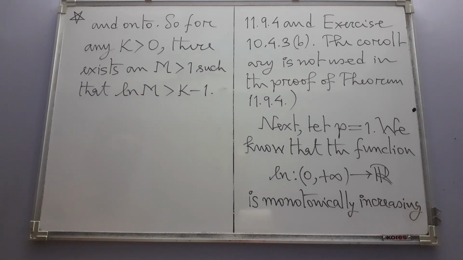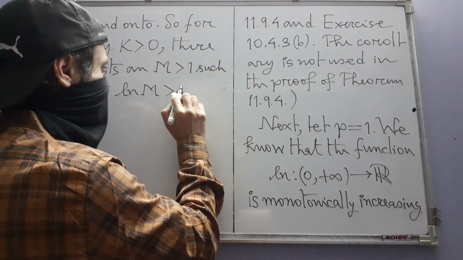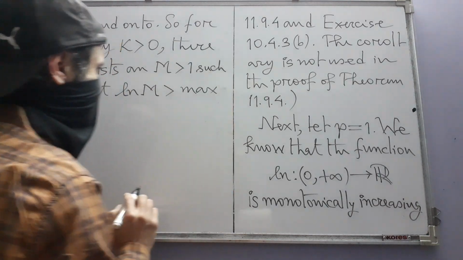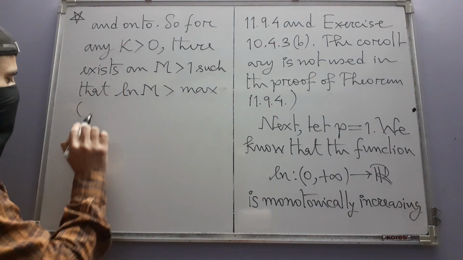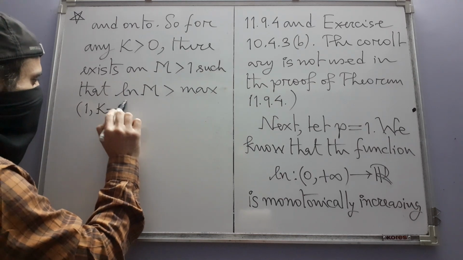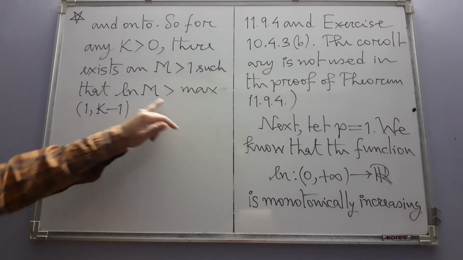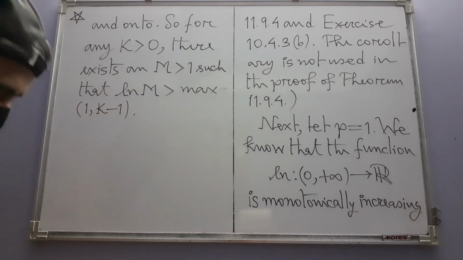Well, actually this m, no, I think this will not be enough. Whatever I wrote here may not be enough. Let me take this instead. I also make this greater than 1.